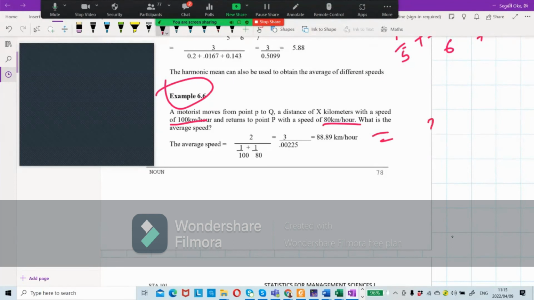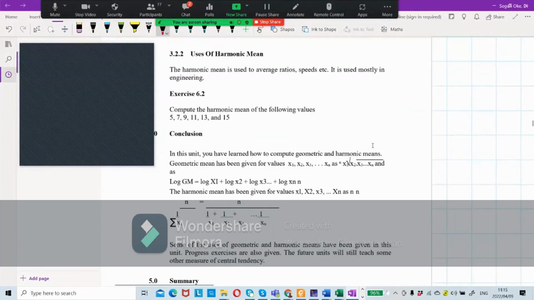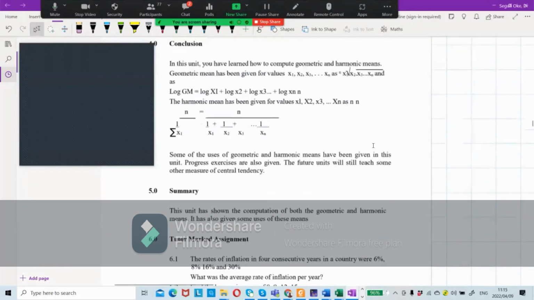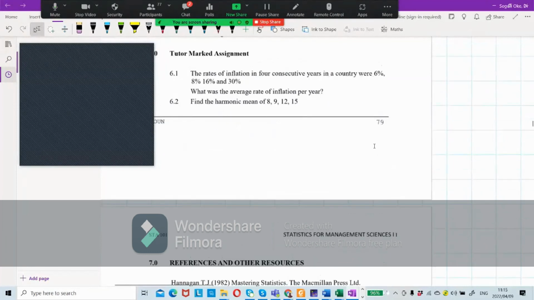So my n is equal to 2 in this case, divided by 1 over 100 plus 1 over 80. When you punch your calculator very well, you have the correct answer. So please take note of that. You can use harmonic or find the logarithm of harmonic. They can ask you, so please work on that.